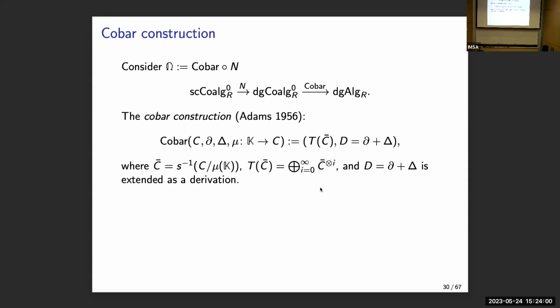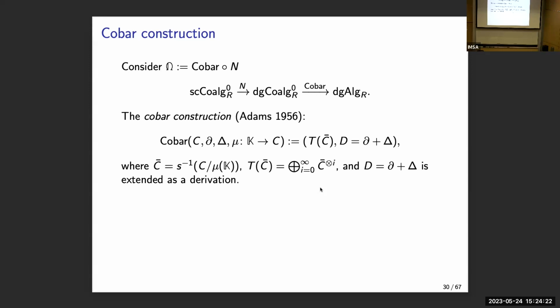It's an isomorphism onto the 0th degree part, right? So the cobar construction is a free graded algebra with a differential defined in terms of the underlying differential of the coalgebra and its coproduct.